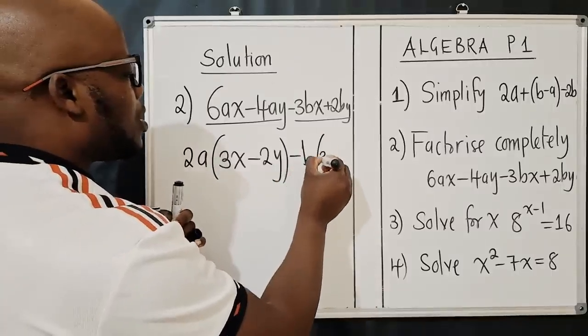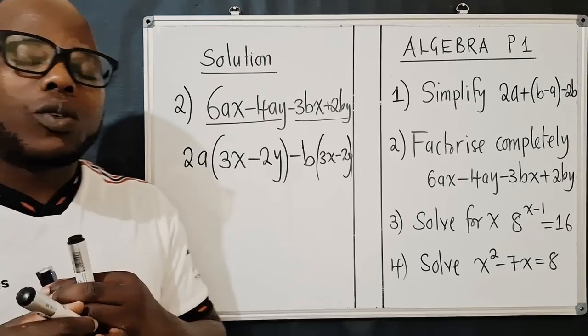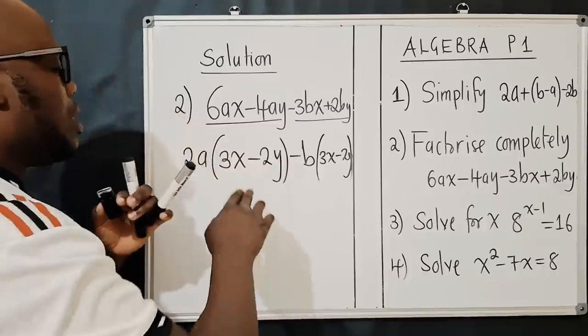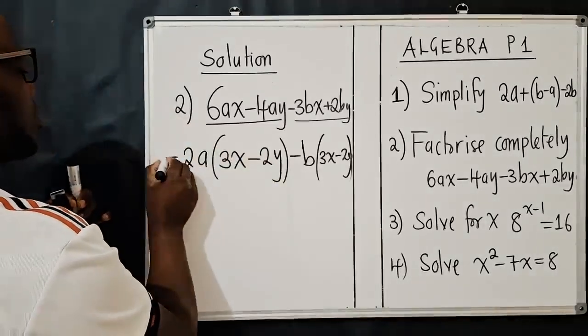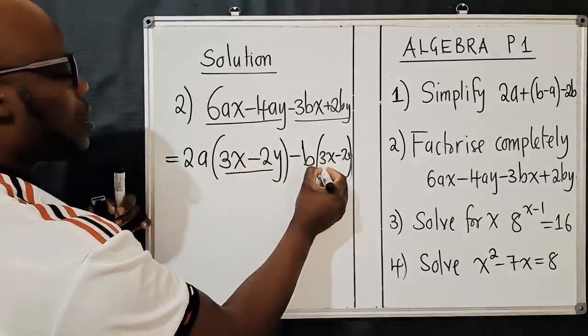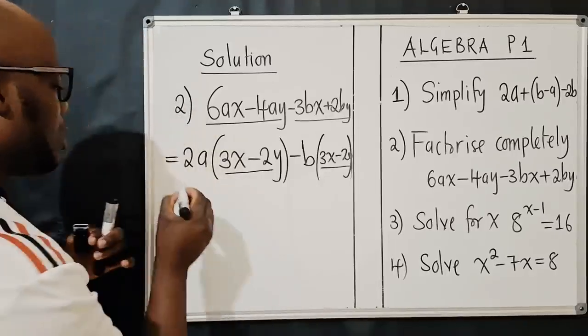So this will be 3x minus 2y. And the rule of factorization says that the moment you reach this stage, what is here must be equal to what is in the next set of brackets.